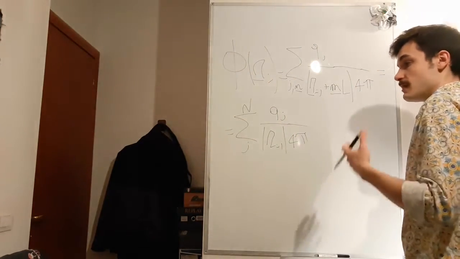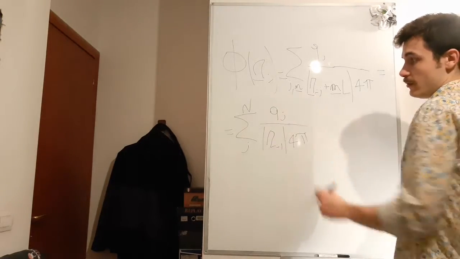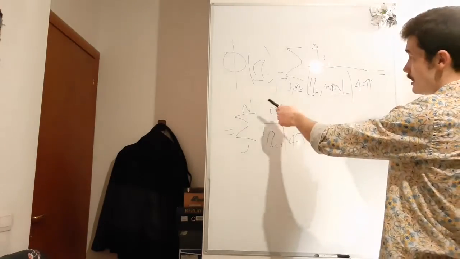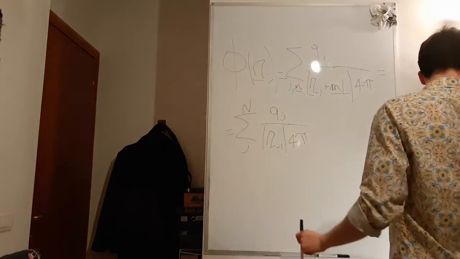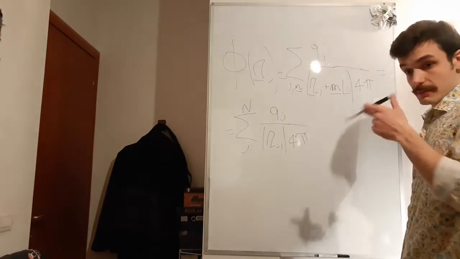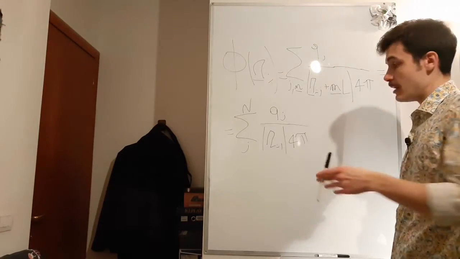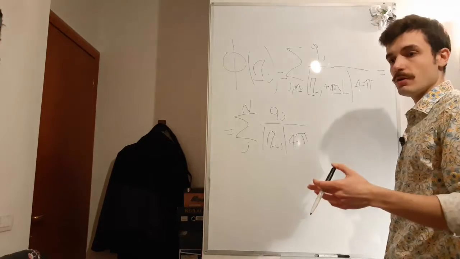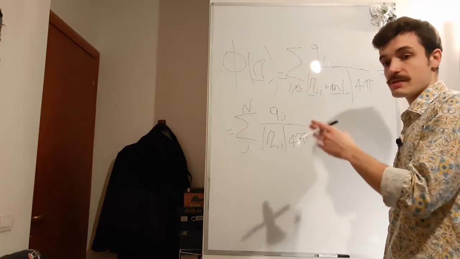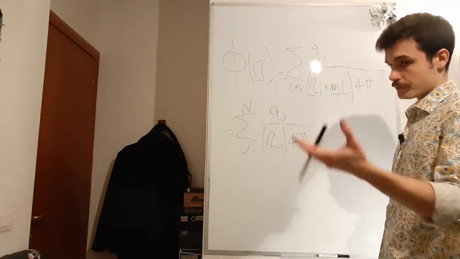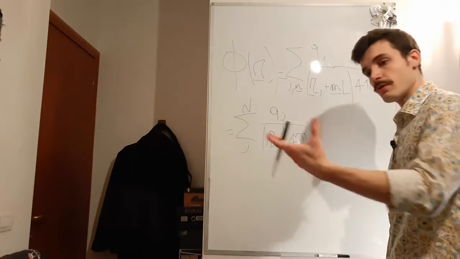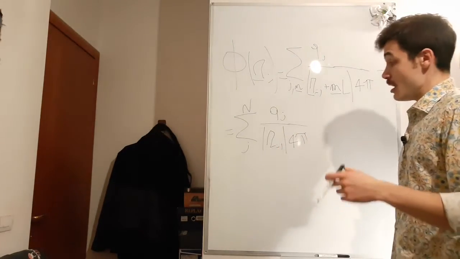We will have to calculate this. The problem is that we don't know the value of this. We know how it should look like. As you might notice, I didn't eliminate the self-interaction because we want to have a periodic function, because in this way we are able to represent it as a Fourier series, and that's one of the reasons why it's so nice to work in Fourier space.